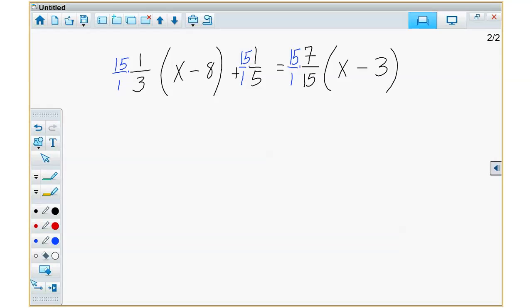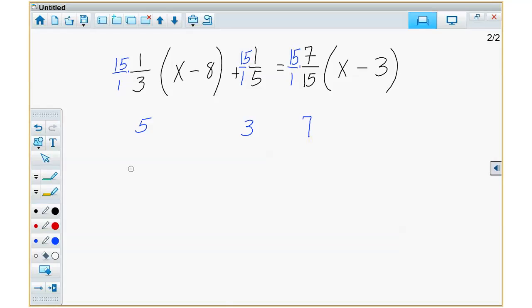And what's that going to give us? What's 15 divided by 3? 5. What's 15 divided by 5? 3. And what happens to the 15s here? They cancel and leave 7.